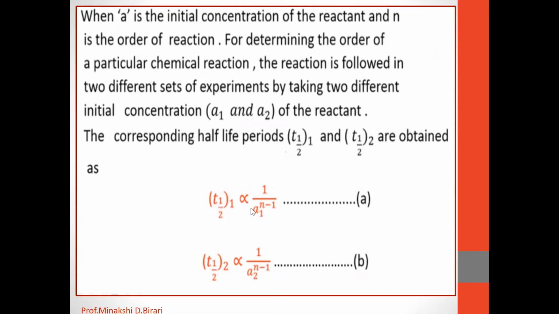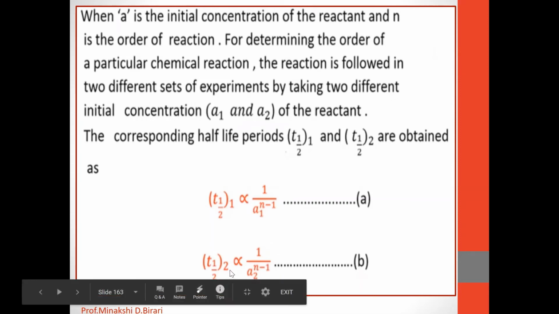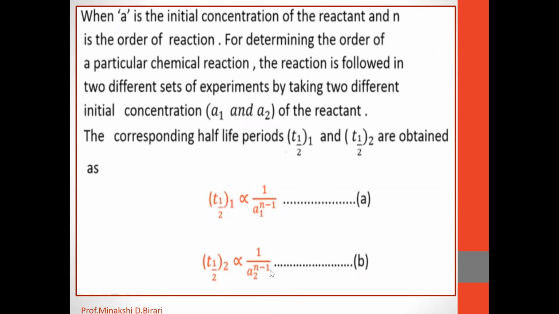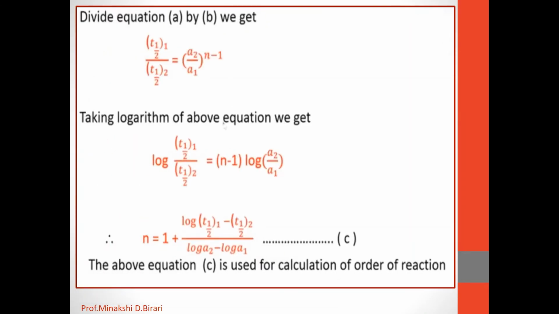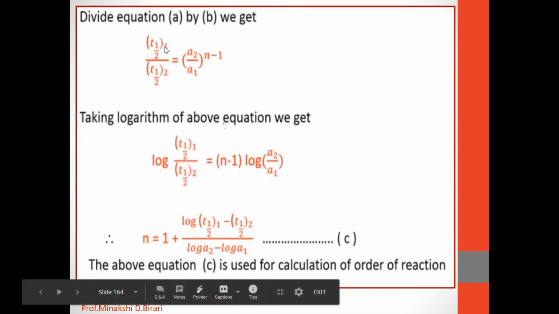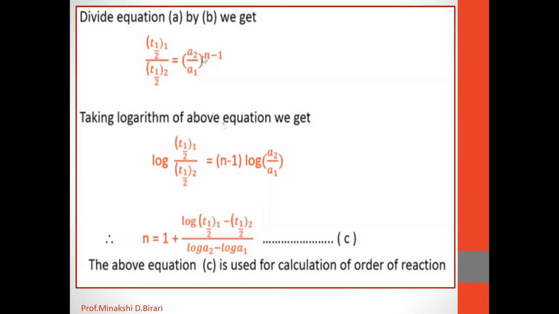If we divide equation A by B, we get T half of 1 divided by T half of 2 is equal to A2 divided by A1 raised to n minus 1.